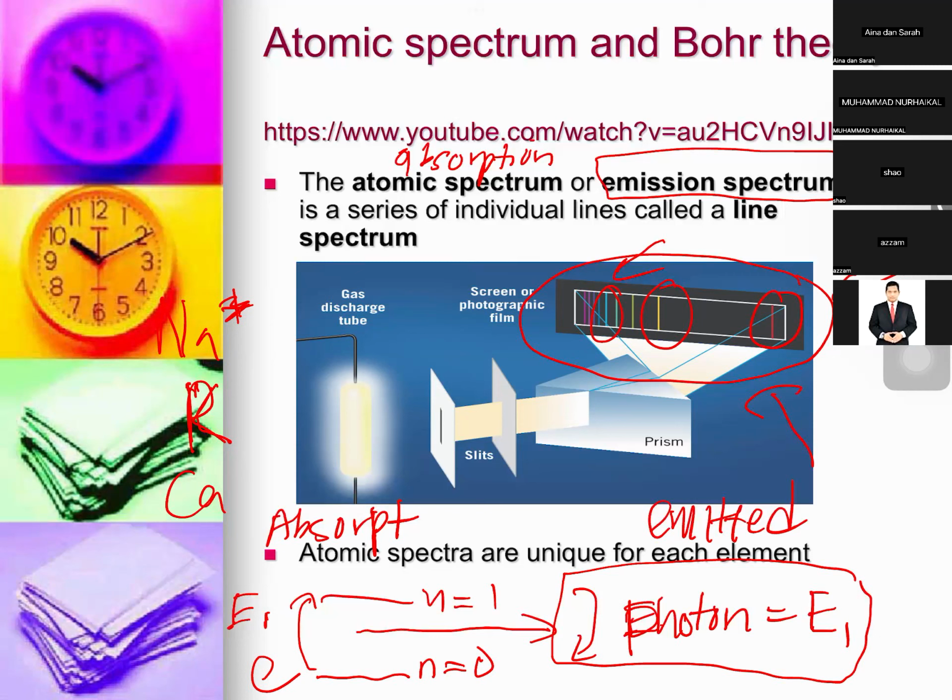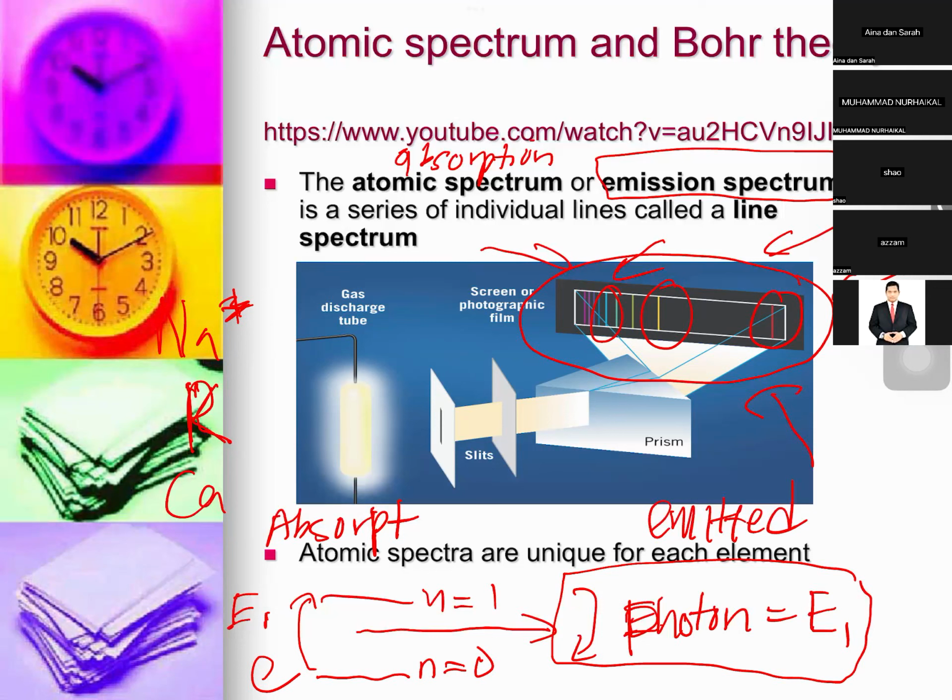So this is like a fingerprint. Like humans, we have DNA, right? For elements in the periodic table, they have atomic absorption as well as emission spectrum unique to them. So why is all this unique to the element?